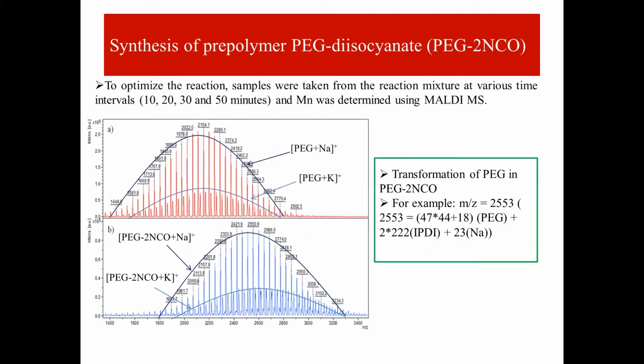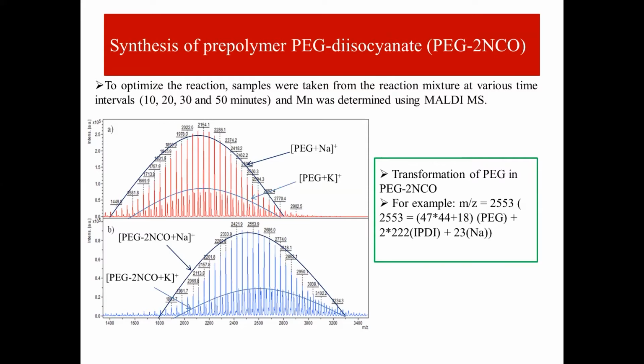Samples were collected from the reaction mixture at different time intervals, and molecular weight was determined using MALDI-MS. Figure A shows the MALDI-MS spectrum of initial polyethylene glycol, and figure B shows the spectrum for the sample taken at 30 minutes.